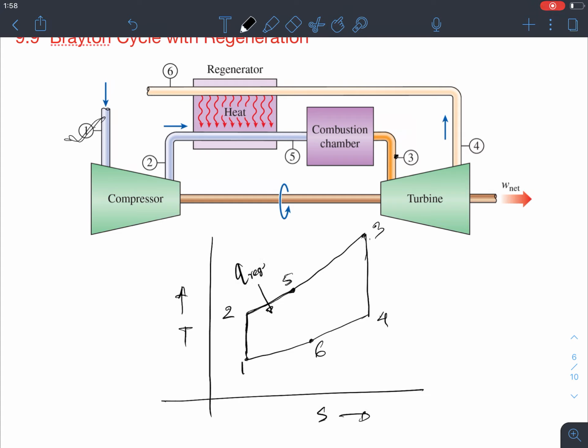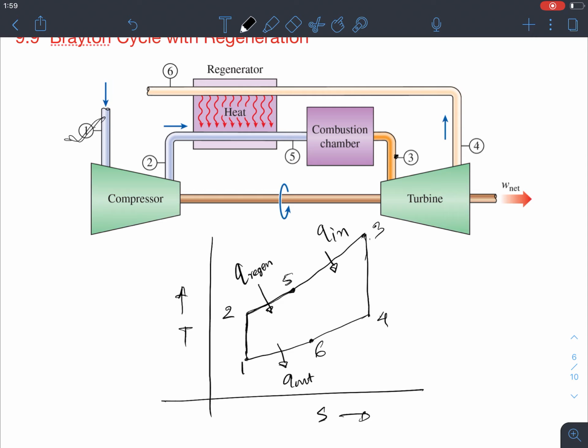So what is happening here is that 2 to 5, this portion, is the regeneration heat, Q regen, right? And then from 5 to 3 is for combustion, which is Q in. From 6 to 1, it's releasing heat, that means here it's Q out.